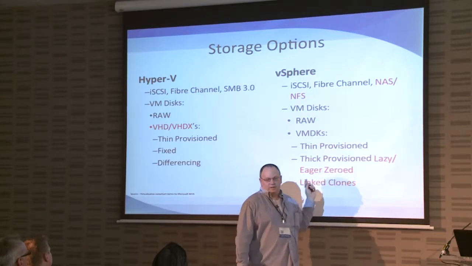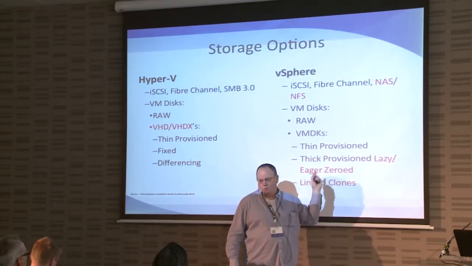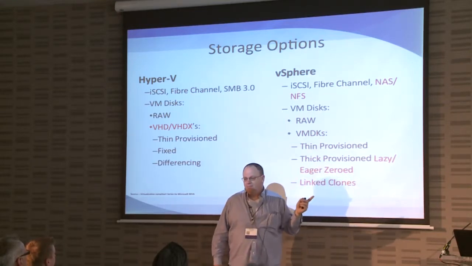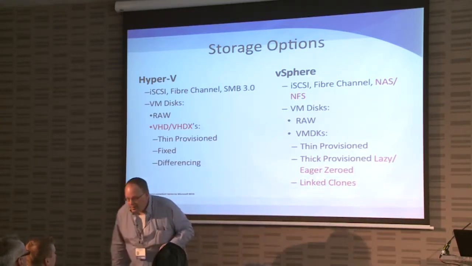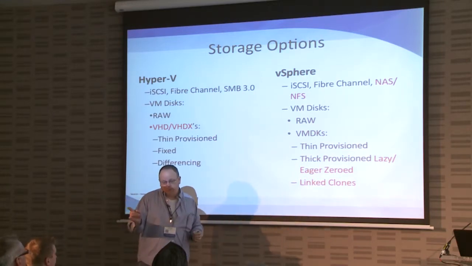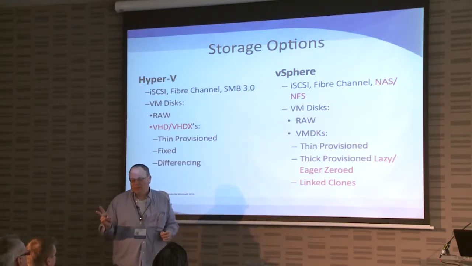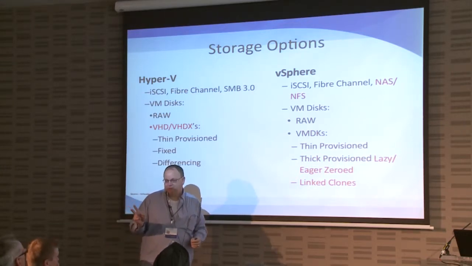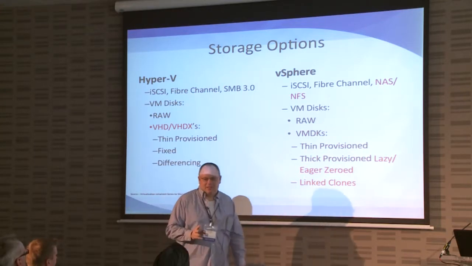Really, the only reason that vSphere had this, does anybody know why they actually implemented this in the first place? Well, one of the reasons they did. Pardon me? Fault tolerance? Well, fault tolerance is one. The other one is to solve what problem? Misalignment. One was to solve misalignment issues.